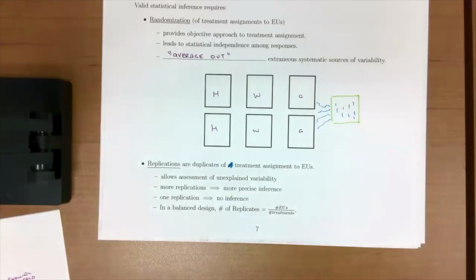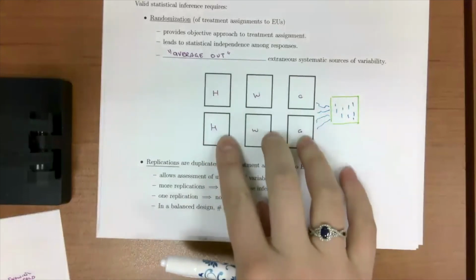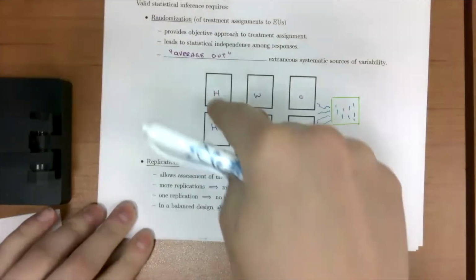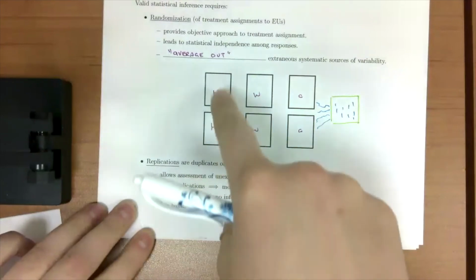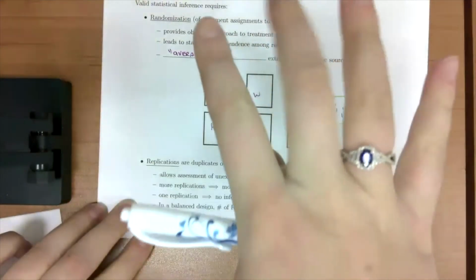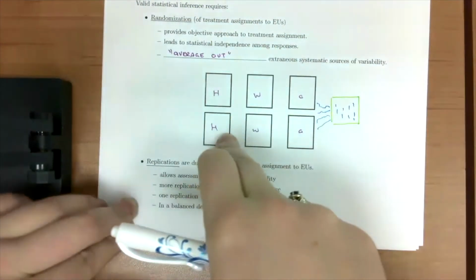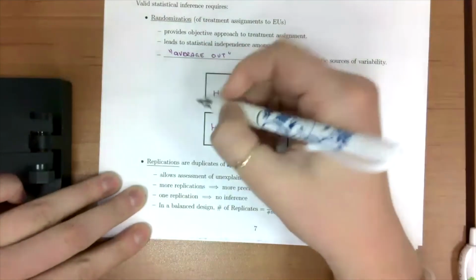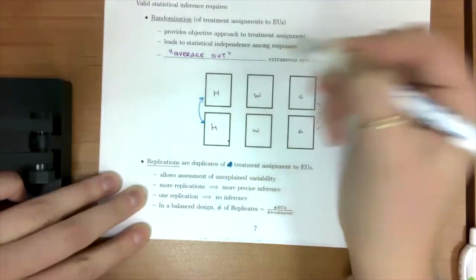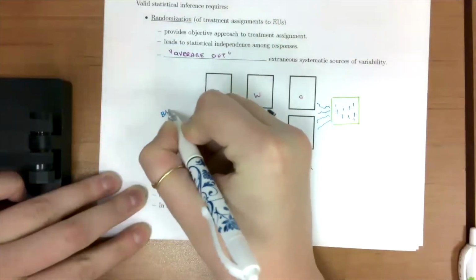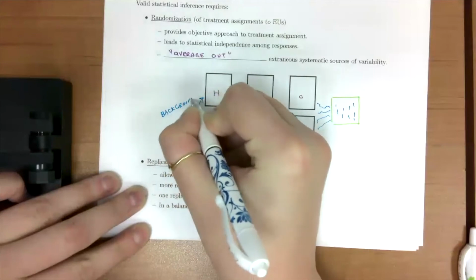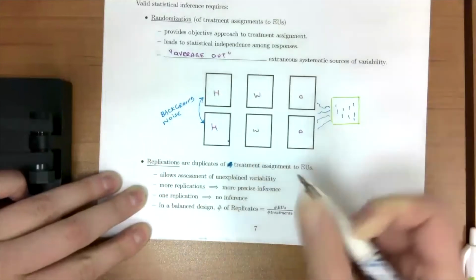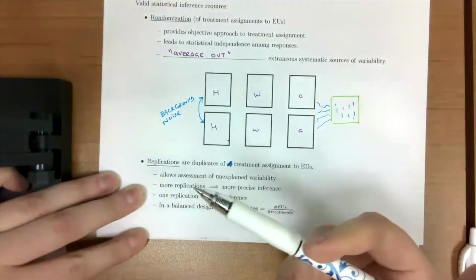What I mean by this is, in this example up here, we have hot and hot. We applied the same treatment under the same conditions. So any differences between these 2 is background noise, unexplained variability.